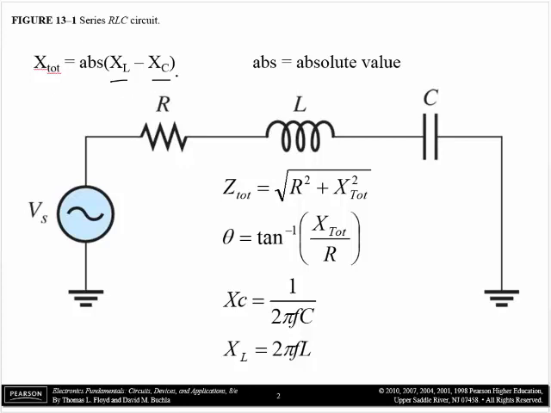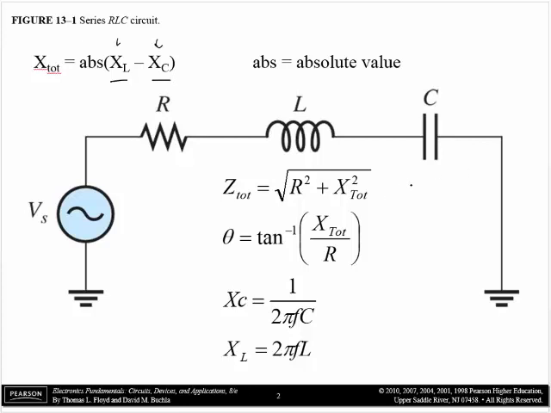If you subtract XC from XL, and this value is 100 ohms and this value is 200 ohms, you would get a negative number. So you just take the absolute value and make it positive, and that will be your total reactance.